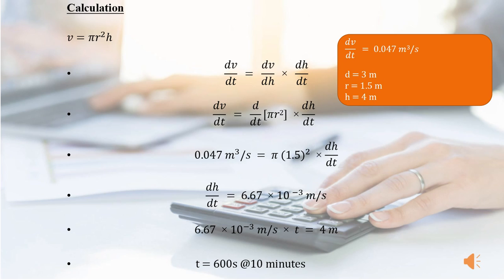To get the time, we get the equation 0.067 meter per second times t equals 4 meters. 4 meters is the height of the pool, and we get the time is 600 seconds. This is also equal to 10 minutes.